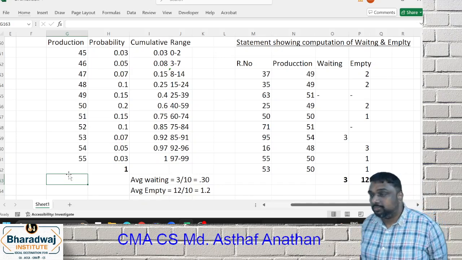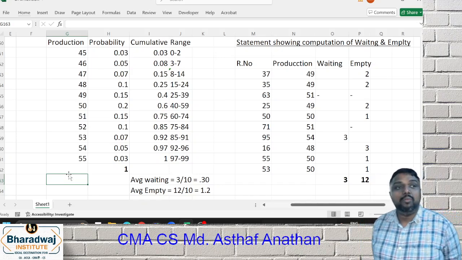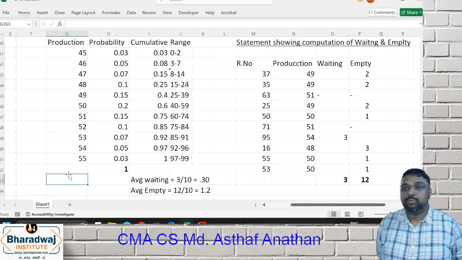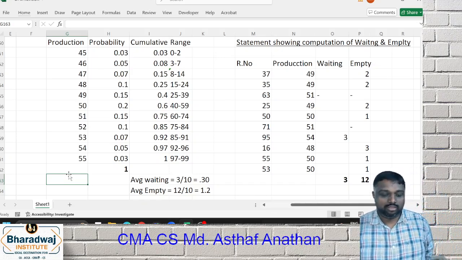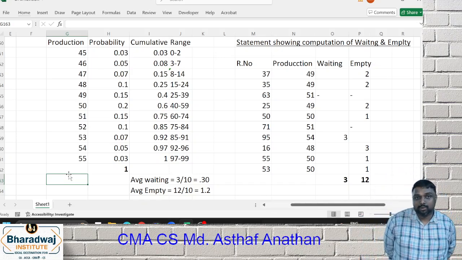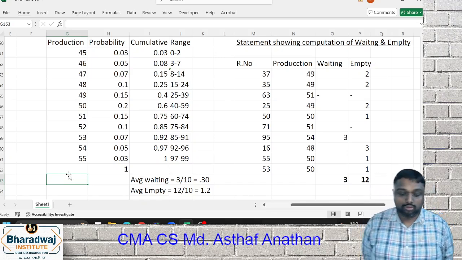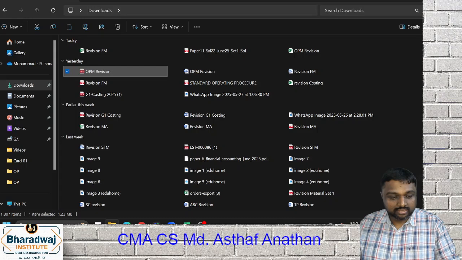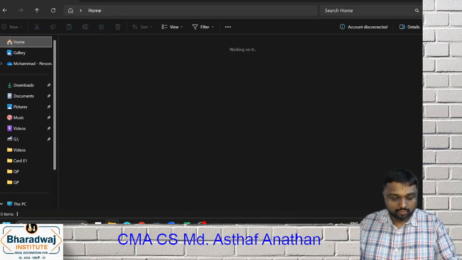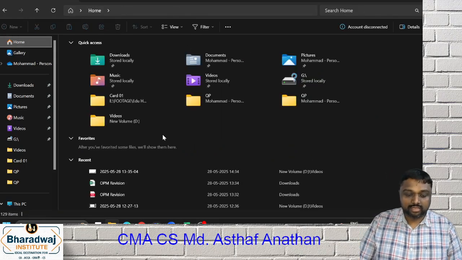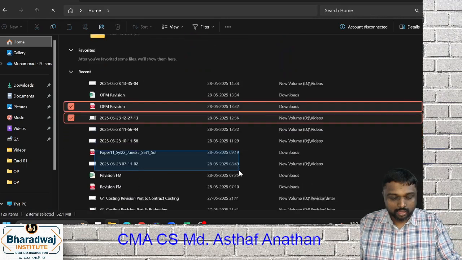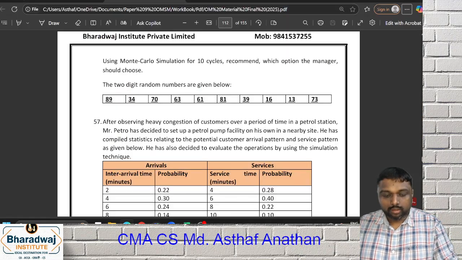If you are conceptually very good, any problem you can solve. This is how we have to approach. So, congrats to those who got the correct answer. In our regular session, we discussed a lot of questions.